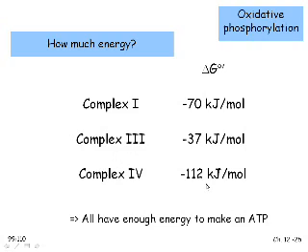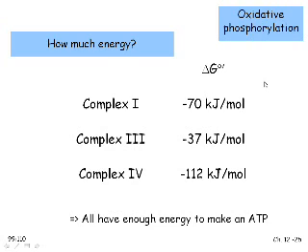Oxygen's powerful. Each of these complexes is enough to account energetically for making an ATP. They don't make ATP themselves, but they have enough energy to accumulate the energy to be used to make ATP. So each complex can account for an ATP molecule energetically.